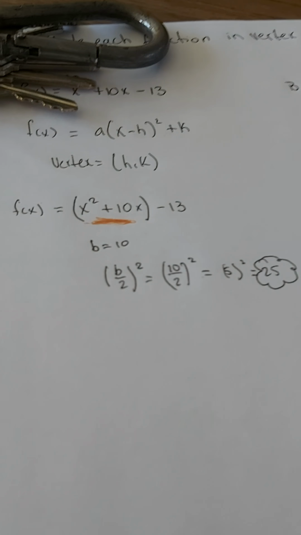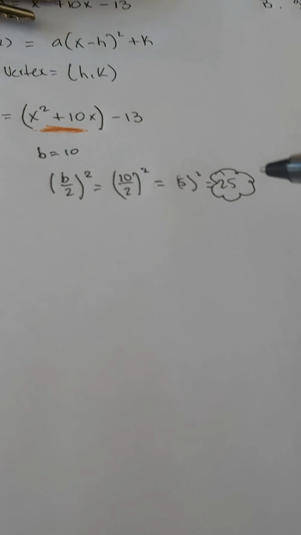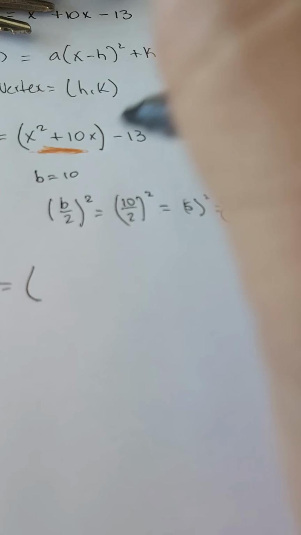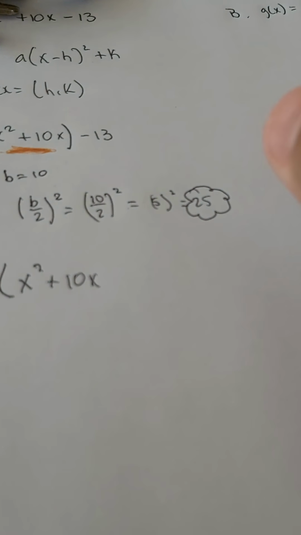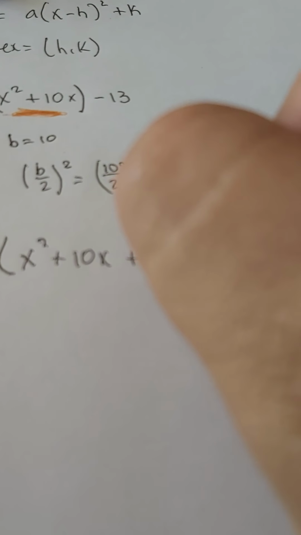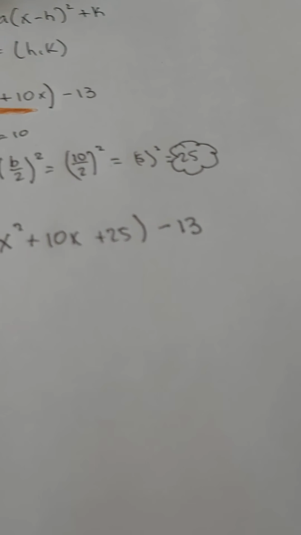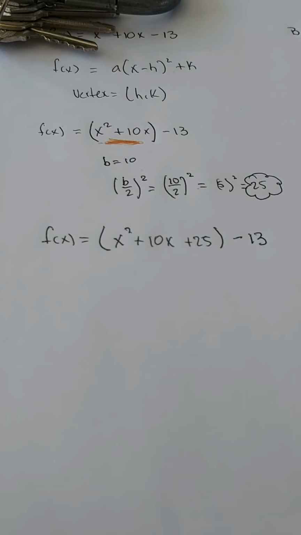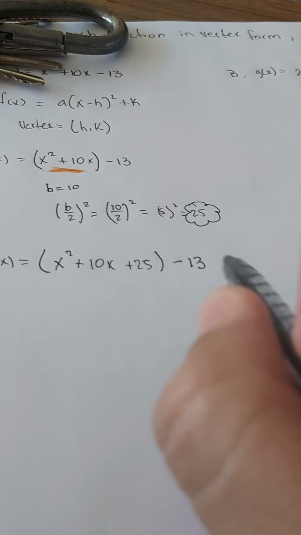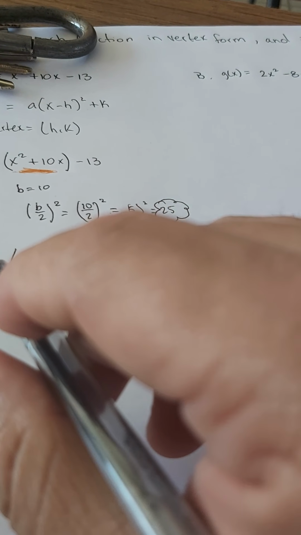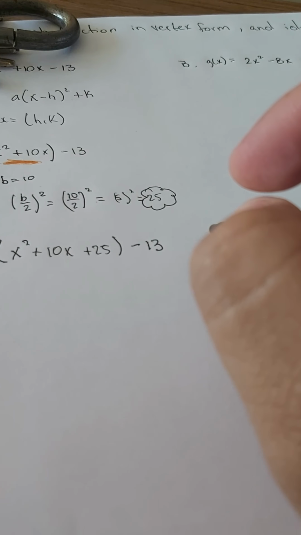Okay, so what are we going to do? We write f of x equals x squared plus 10x plus 25 minus 13. Now, we are trying to keep this equation balanced. Notice that we are adding and subtracting on the right side of this equal sign.